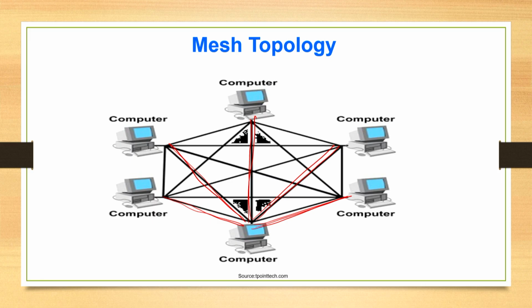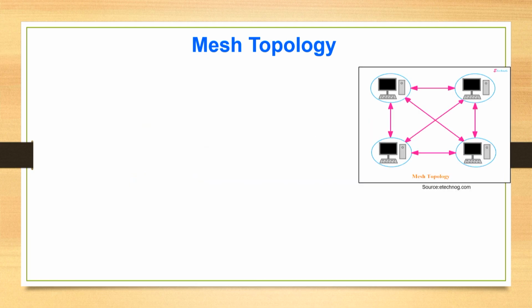So let's see what are the features, advantages and disadvantages of this mesh topology. It is also known as a completely connected network. Why completely connected? Because there is a direct connection between every system in the network.